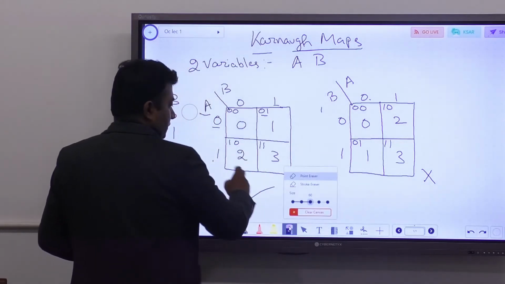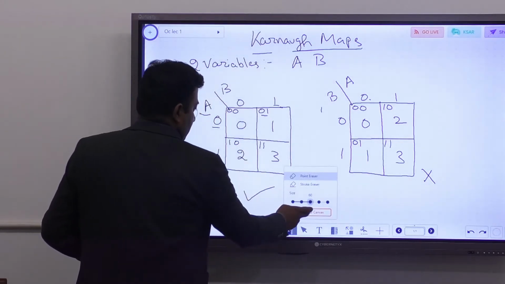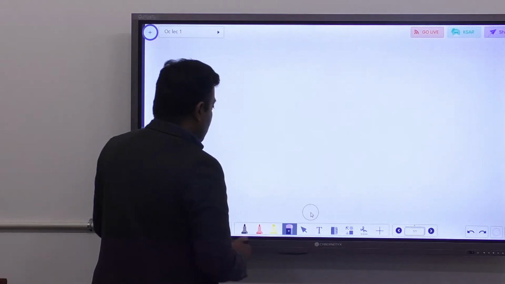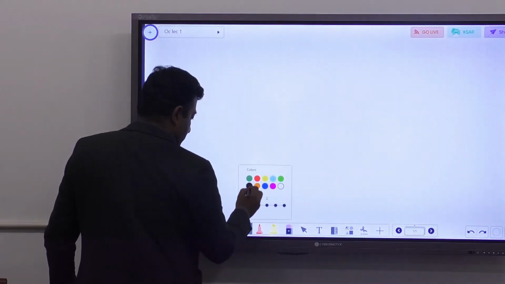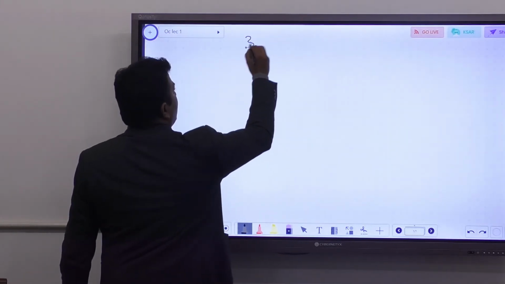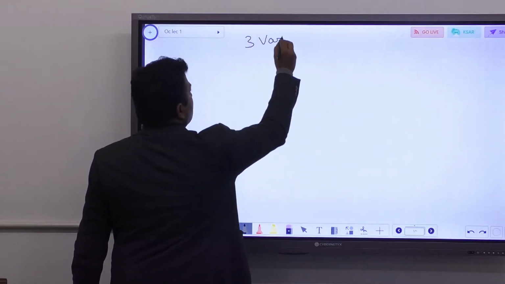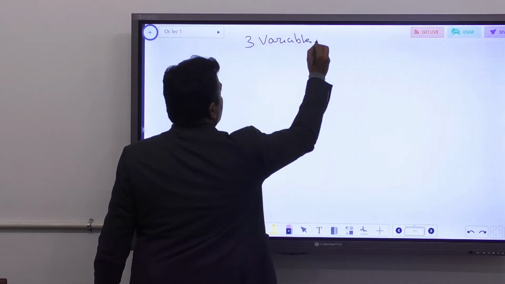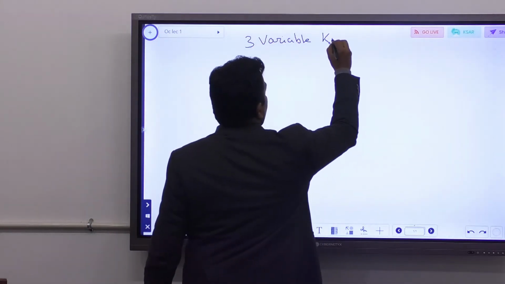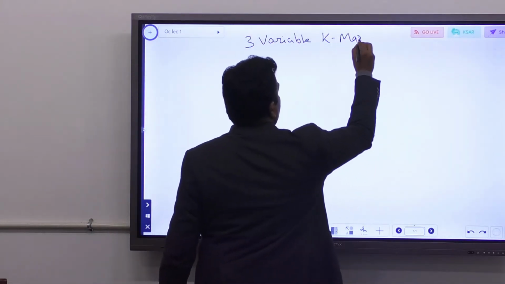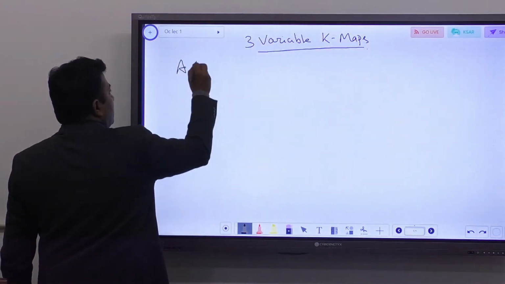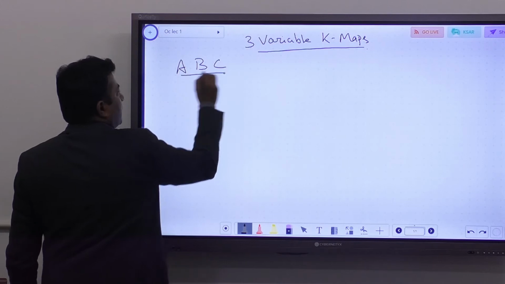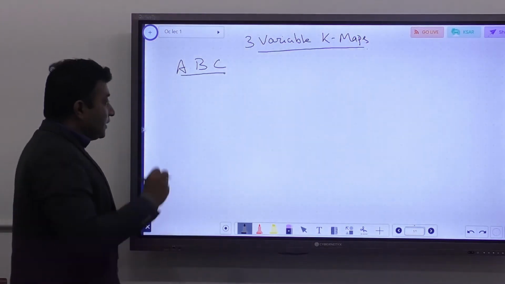Now, for three variable K-maps, so what are three variables? A, B and C. For example, there are three variables.